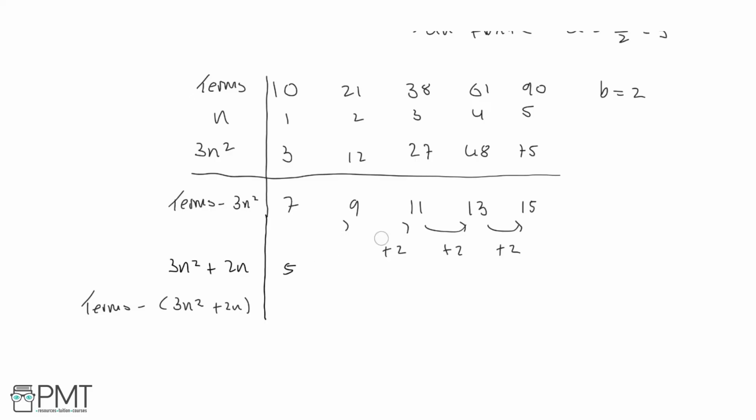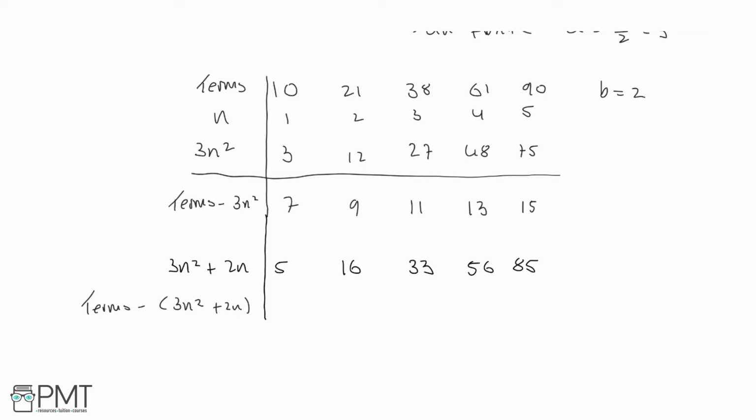I'm just going to rub out this plus 2 on each part to give us some space to write. Then with n equals 2, it's going to be 12 plus 4, which is 16. Then we have 27 plus 6, which is 33. We have 48 plus 8, which is 56. And then we have 75 plus 10, which is 85.